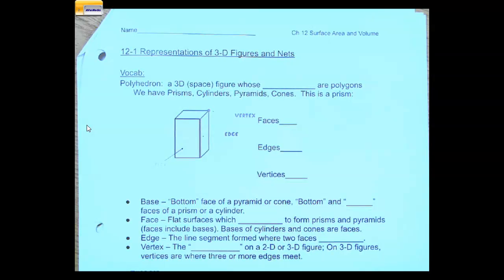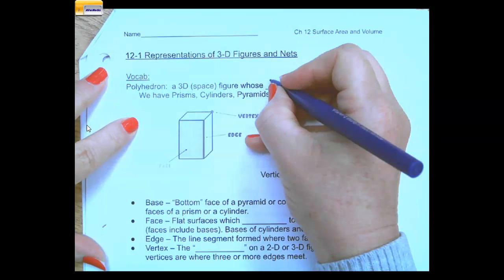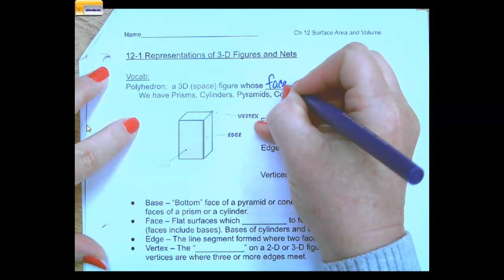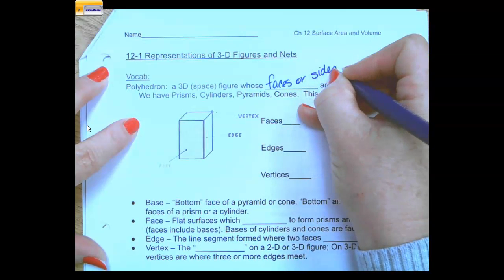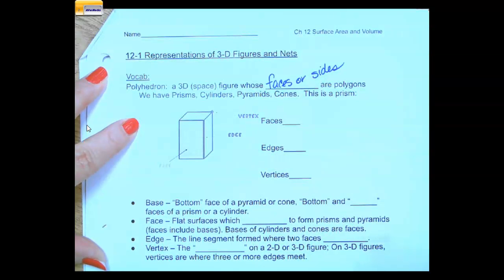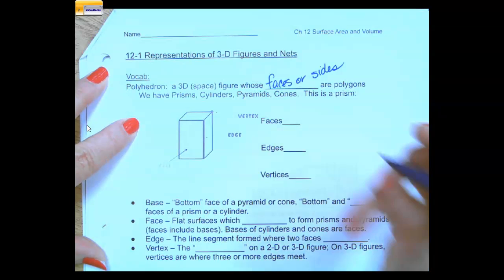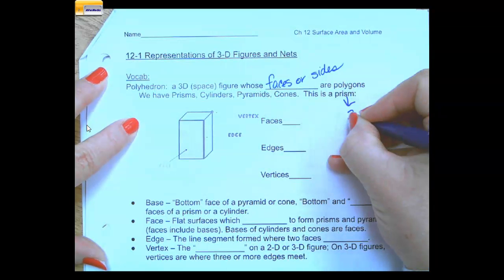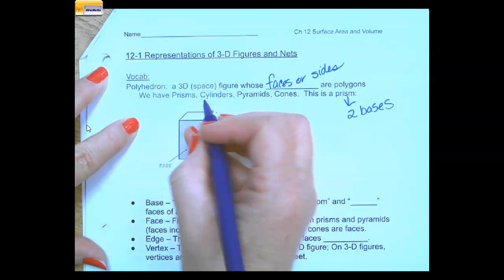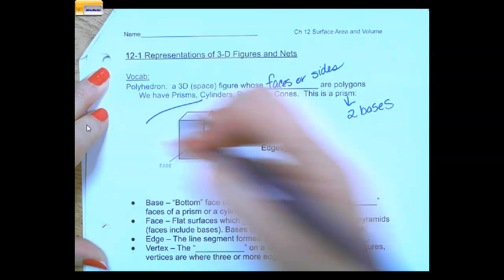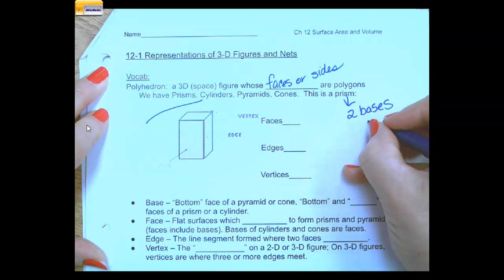A polyhedron is a 3D figure whose faces or sides are polygons. So we have prisms, cylinders, pyramids, and cones. This here is a prism because it has two bases that are polygons.